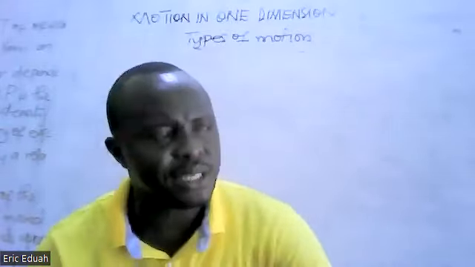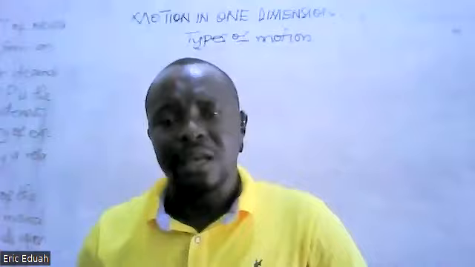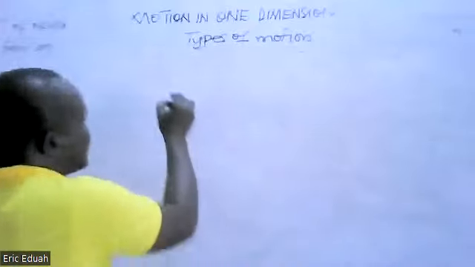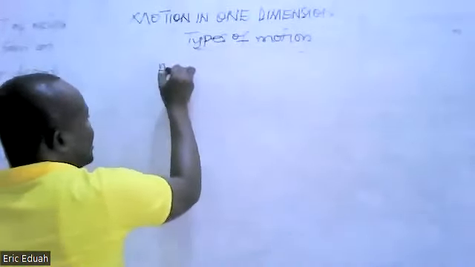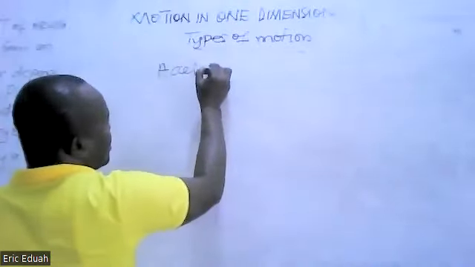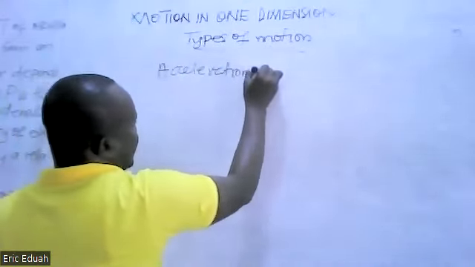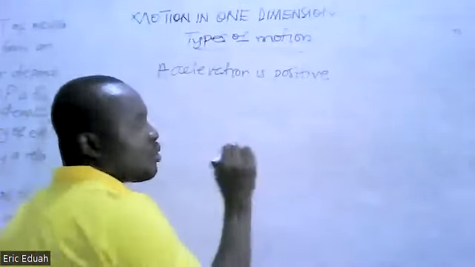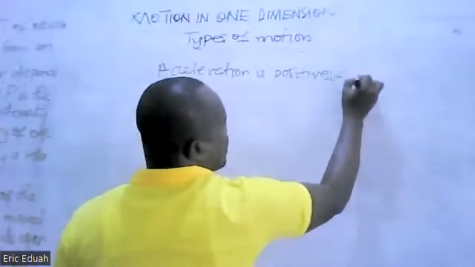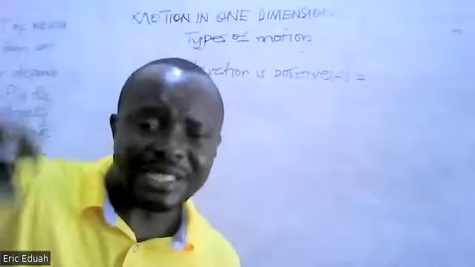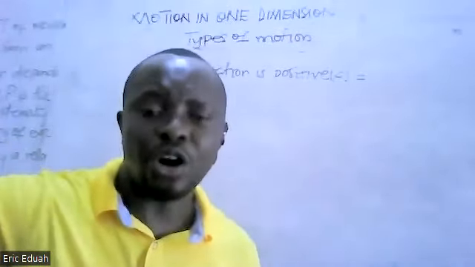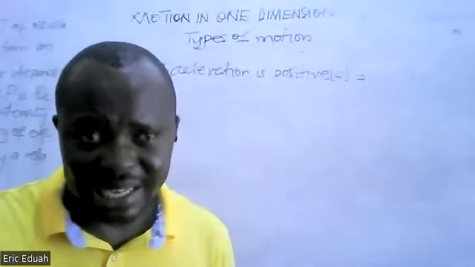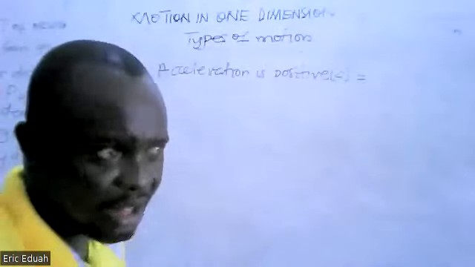So deceleration or retardation is also a kind of acceleration, but a negative of it. Acceleration is considered to be a positive value, because with acceleration we are talking about an increasing velocity, so the final velocity would always be greater than the initial.